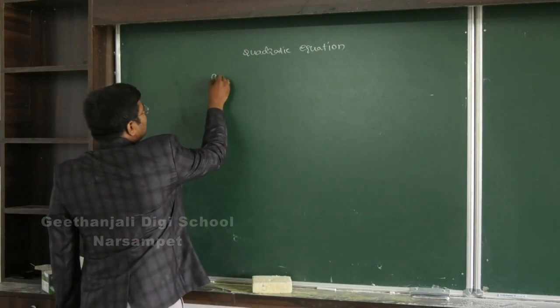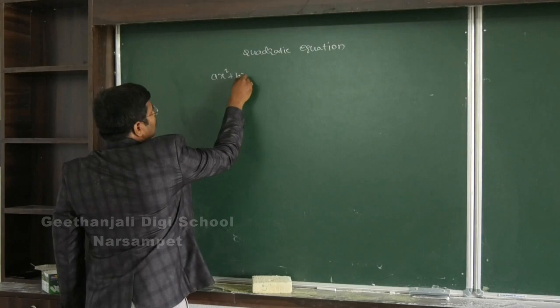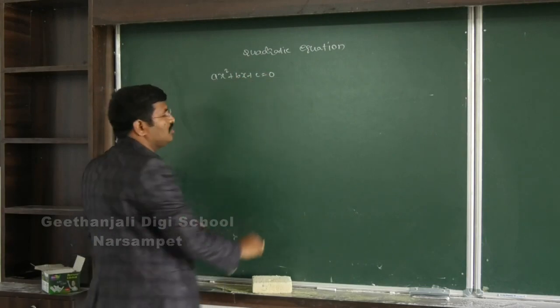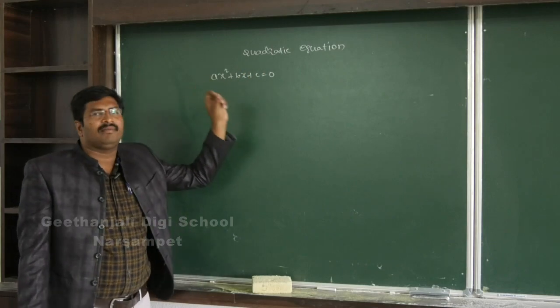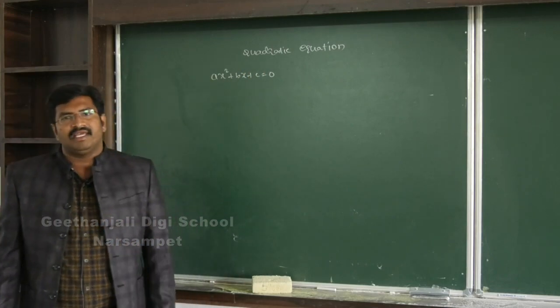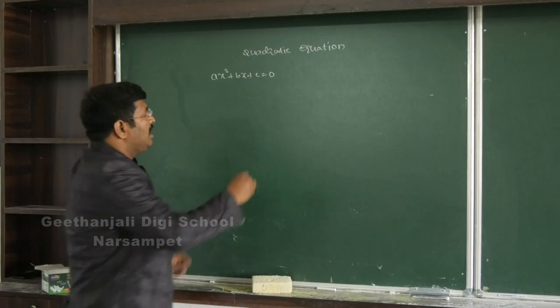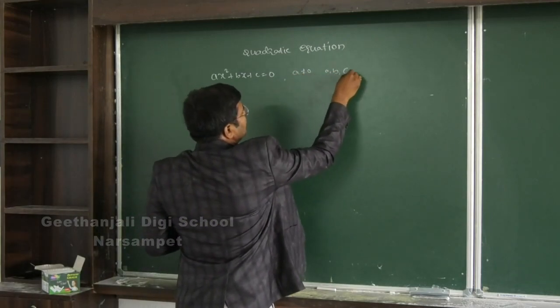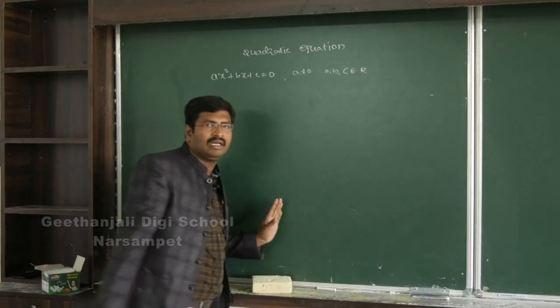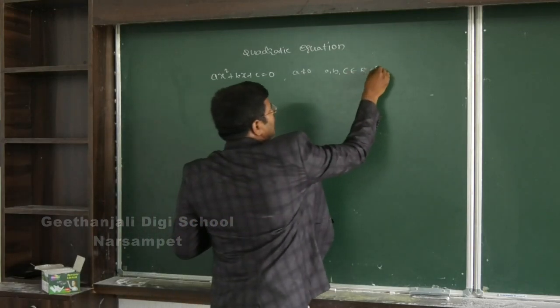An equation in the form of ax square plus bx plus c is equal to 0, where a is not equal to 0, and a, b, c belong to real numbers or complex numbers.